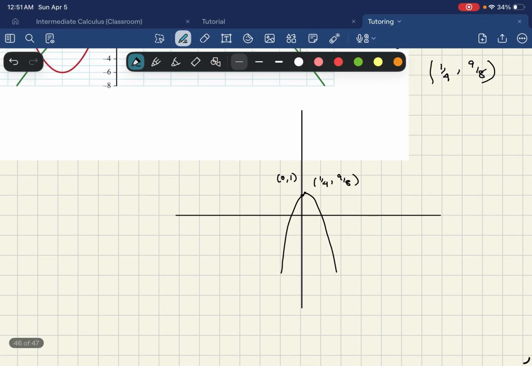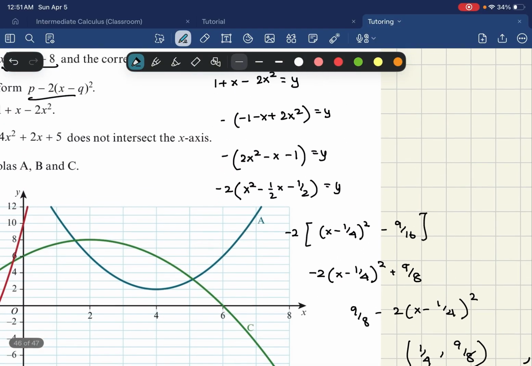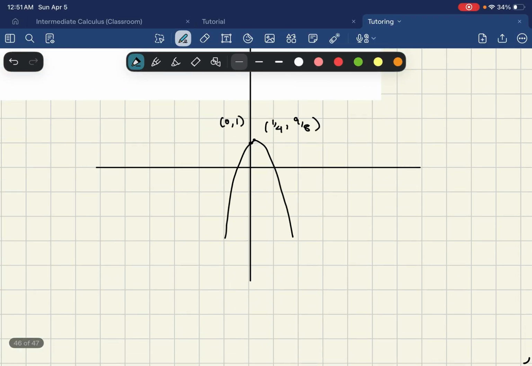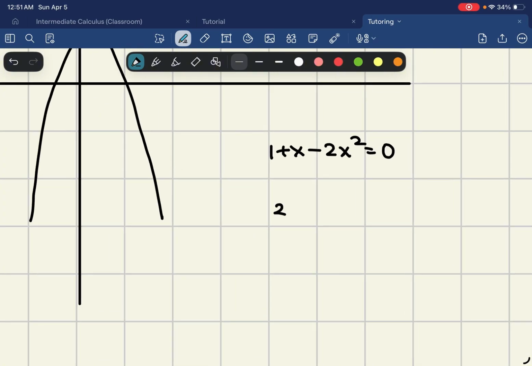So if I solve the equation, so if my equation is 1 plus x minus 2x squared, and y is equal to 0, so if I multiply by negative 1, I get 2x squared minus x minus 1 is equal to 0.